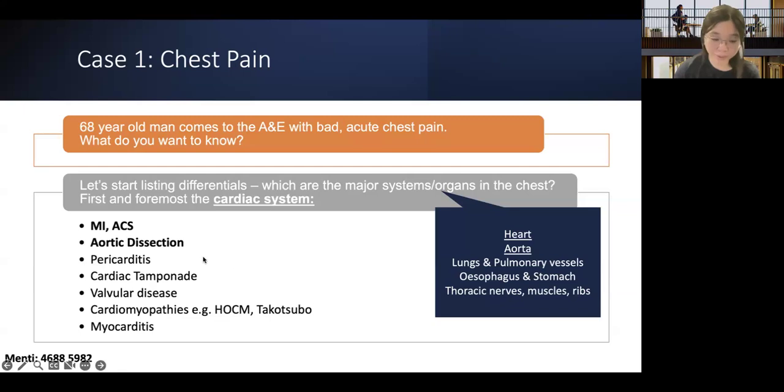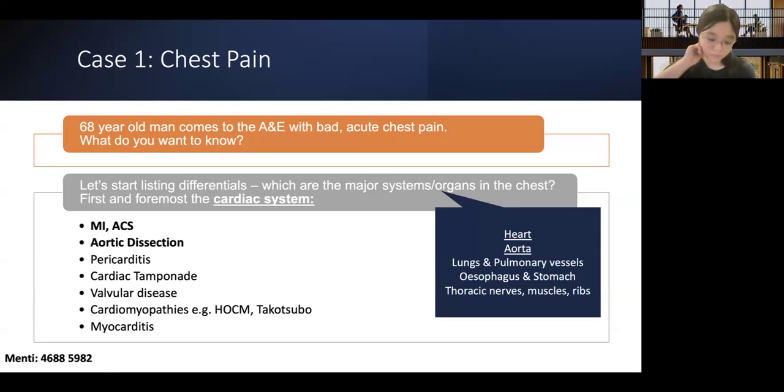But one really important one that you don't want to miss is aortic dissection. Some other ones are also cardiac tamponade, valvular disease, cardiomyopathies like Holcomb. This might seem quite rare, but actually it comes up quite a lot, and it did for Arlovsky last year. And myocarditis is also something that can happen after a viral infection in a young person.